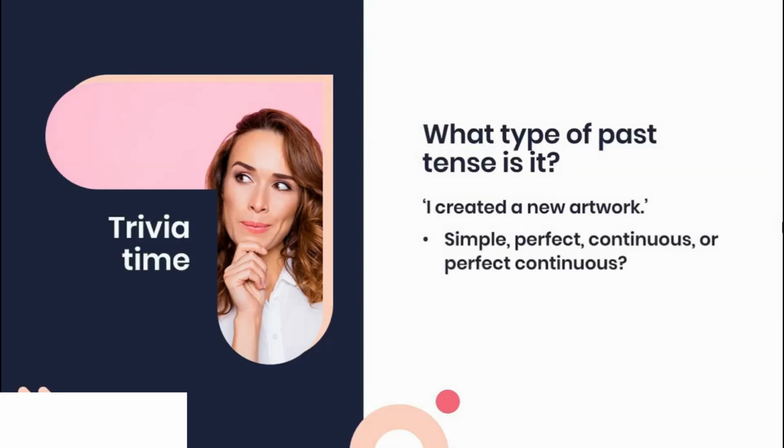Is it past simple, past perfect, past continuous, or past perfect continuous? It's past simple. If you're not quite sure about the terms simple, perfect, continuous, and past perfect continuous, this lesson is here to help you.